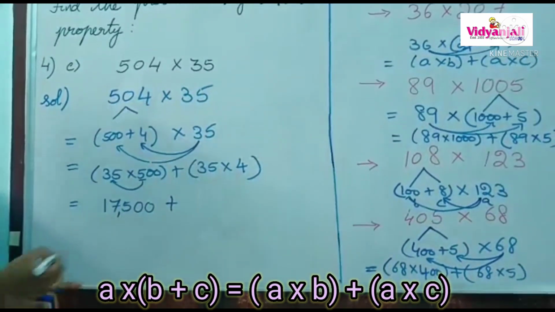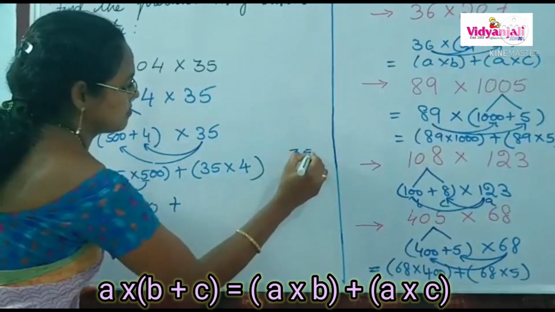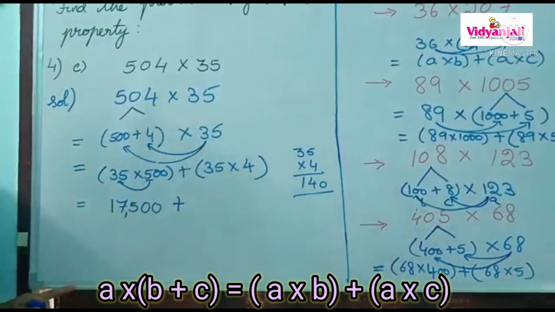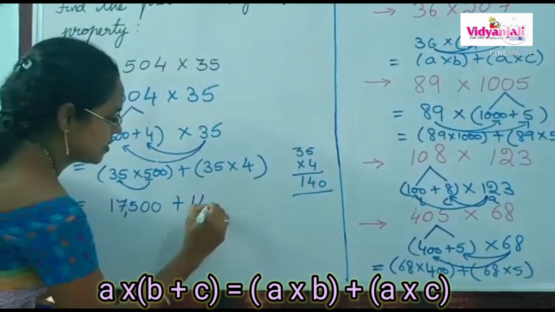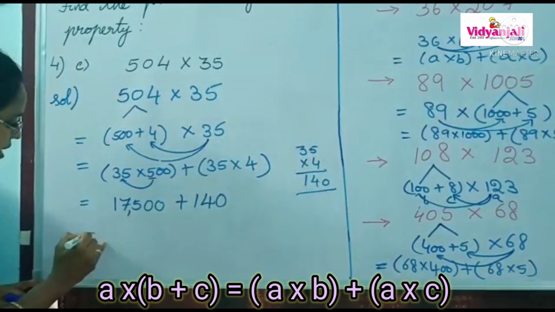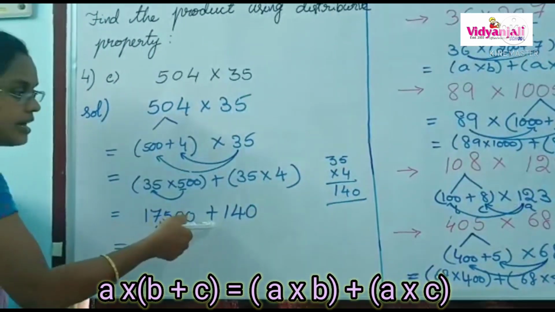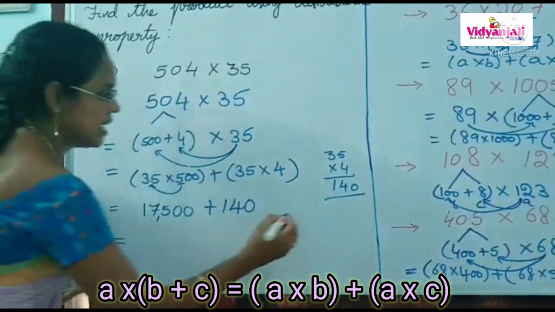35 fours. Let us check. 140. Okay. So we need to add 17,500 to 140. Let us add.